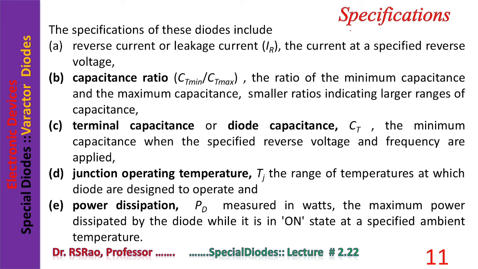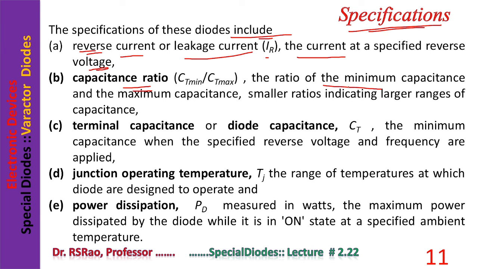Now we consider a few points regarding specifications of Varactor diodes. Their specification includes reverse current or leakage current IR, the current at a specified reverse voltage. This is one specification. Capacitance ratio, CT minimum by CT max.